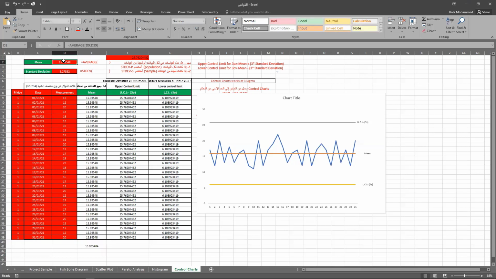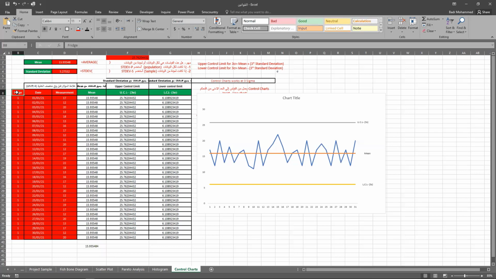What else do we need to calculate? We need to calculate the standard deviation for the same record we took from this fridge. This fridge is one of many fridges we have in the warehouse, so here it's about sampling. We are not working on the population.